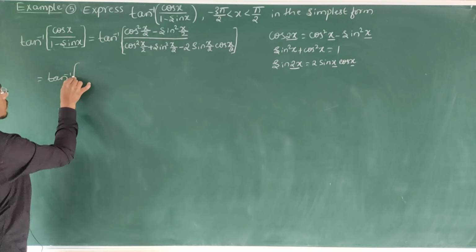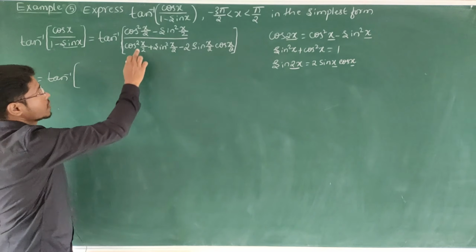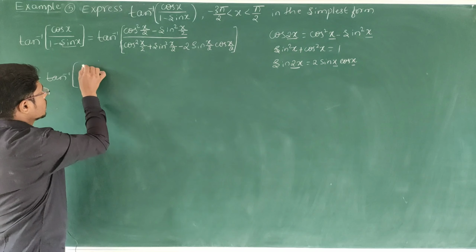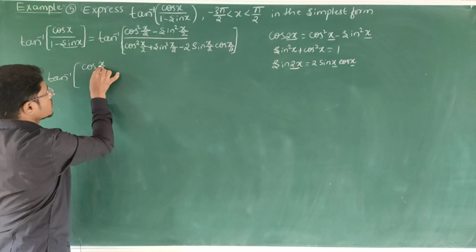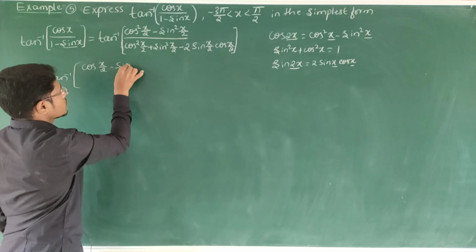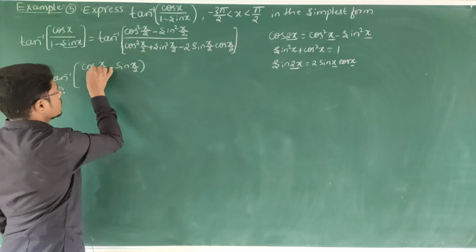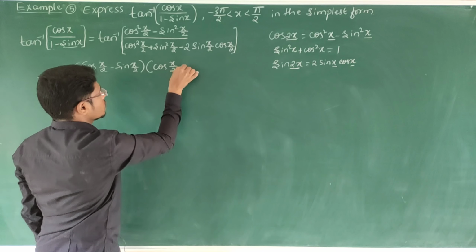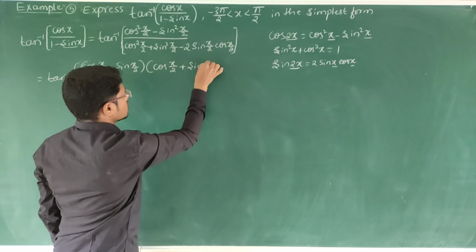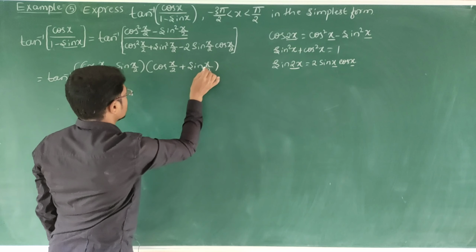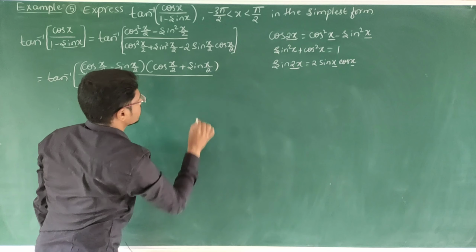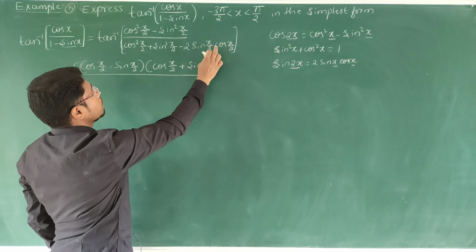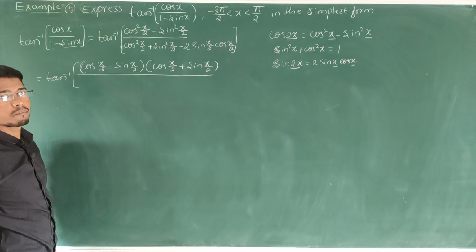Next, tan inverse of, see this a square minus b square format, I can write it as a minus b, a plus b, that is cos x by 2 minus sin x by 2, this is a minus b, next a plus b, cos x by 2 plus sin x by 2, right, divided by, see, a square plus b square minus 2ab, right?